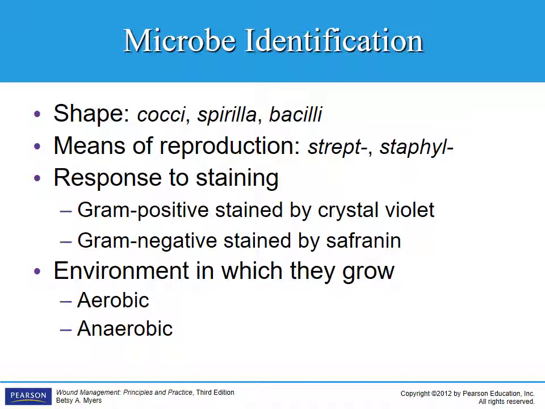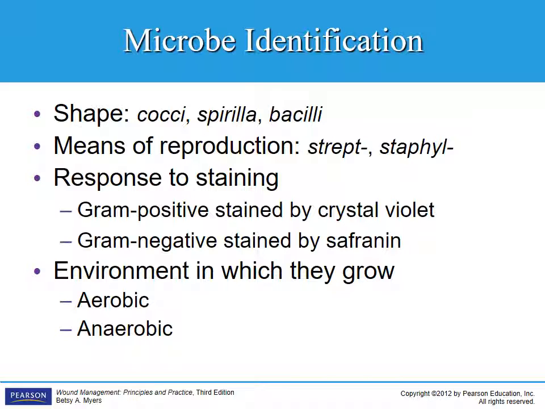The way they identify the microbe, once you've done the culture, is they look at the shape. Is it round? Is it like a spiral? What does the microbe itself look like? How does it reproduce? What is its response to staining?